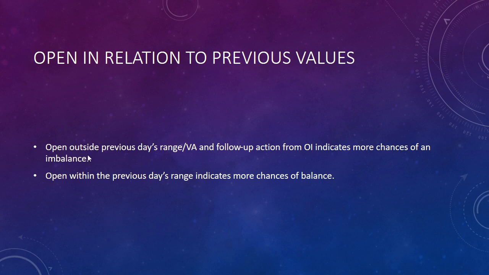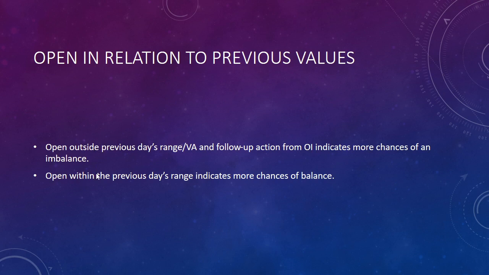That's the first sign, right? The open is outside the range or value area, and you see good action coming from the OI data in the first initial minutes. That's a very good sign that an imbalance is going to come on this particular day.